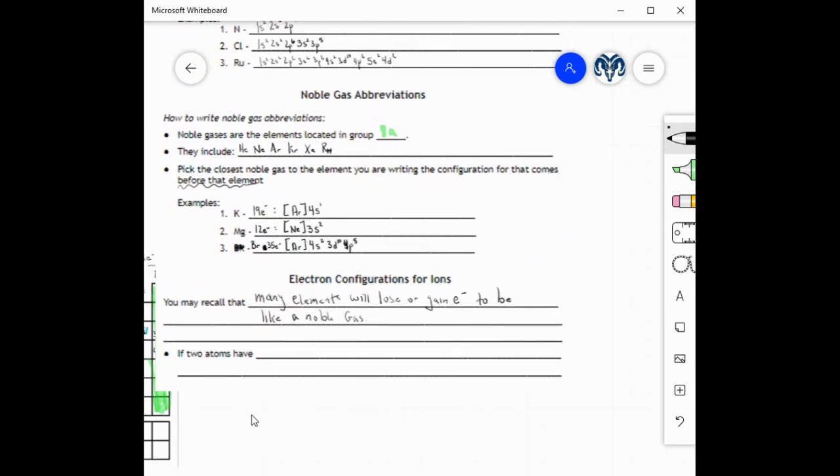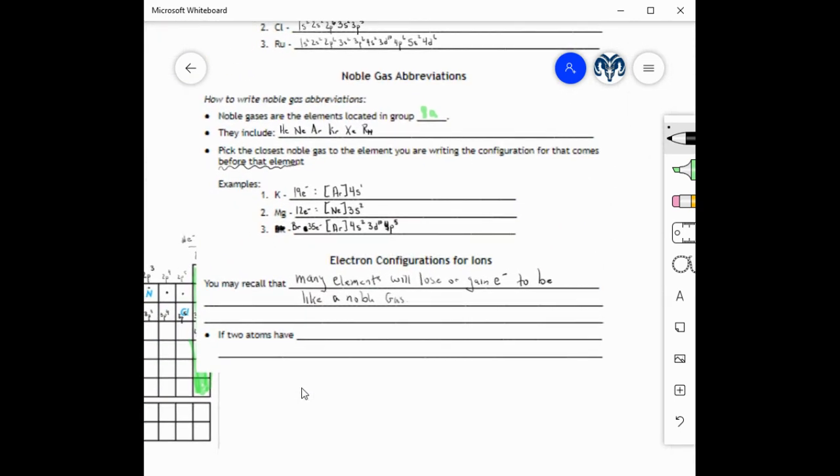So what will happen is if we're writing those electron configurations and we have an element that really isn't a noble gas, but it has the same electron configuration as a noble gas, it's going to be an ion.